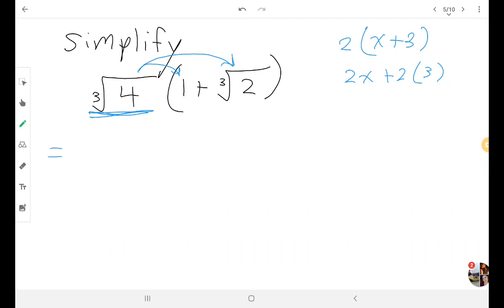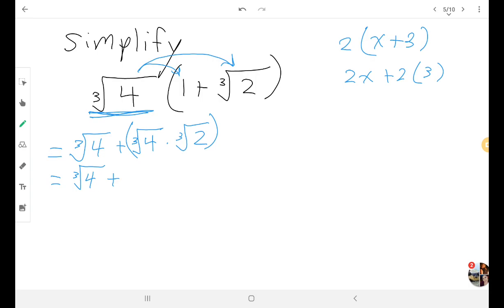Well, anything times 1 is still that thing, so that's just the cube root of 4. Plus the cube root of 4 times the cube root of 2. And I'm just going to write it like that for the moment, and maybe I'll isolate it and think about making that simpler. This cube root of 4, there's really nothing I can do with that.